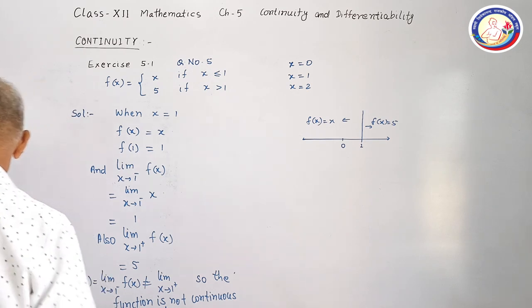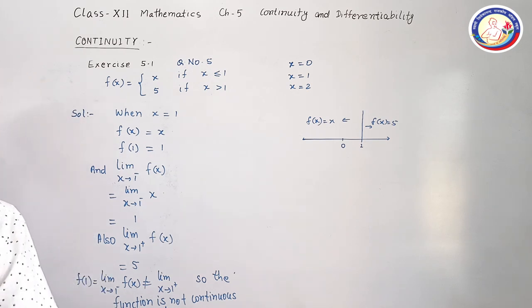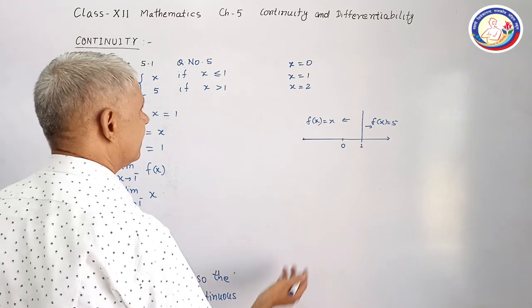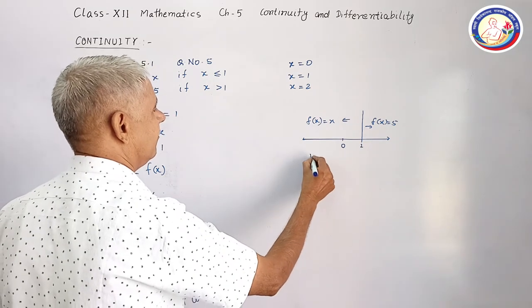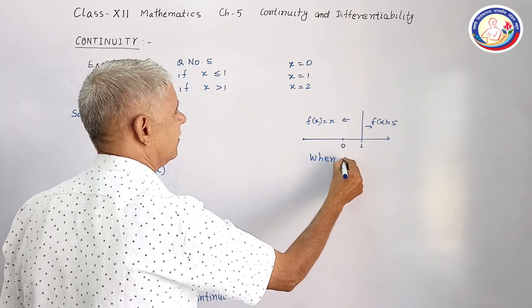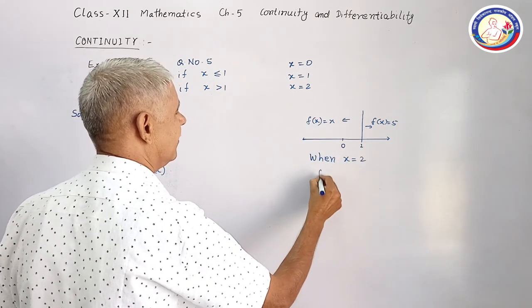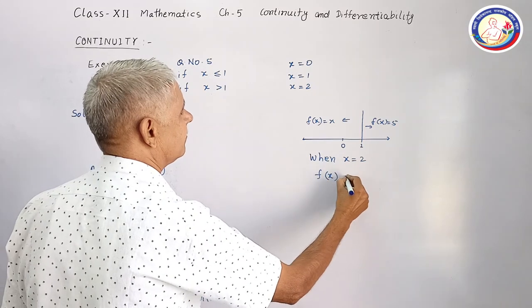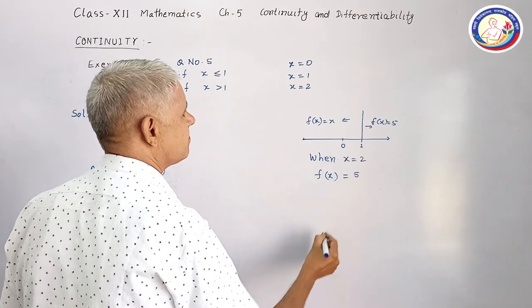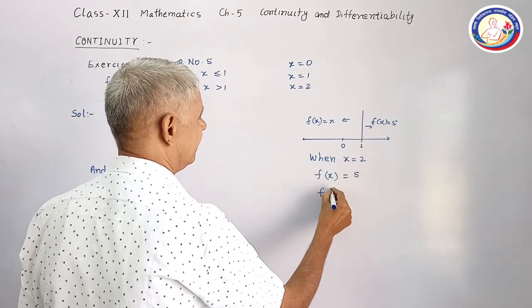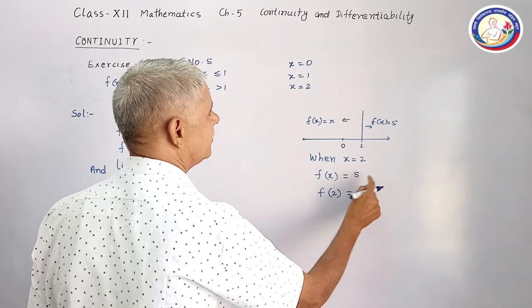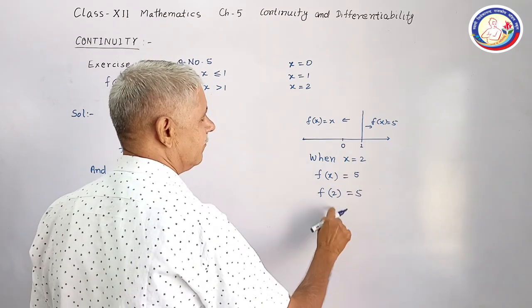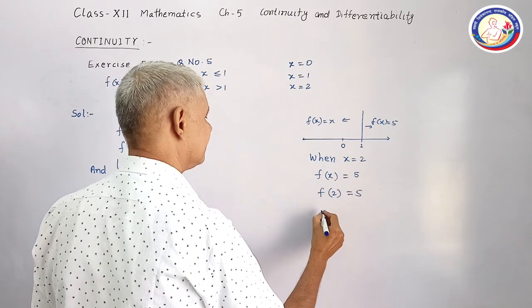Similarly, we can test continuity at 2. When x equal to 2, the function will be 5. f(2) is 5 because it is constant, it doesn't change with x.